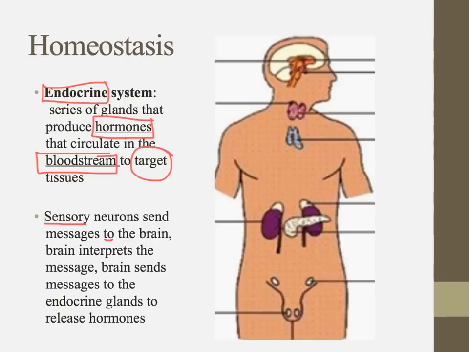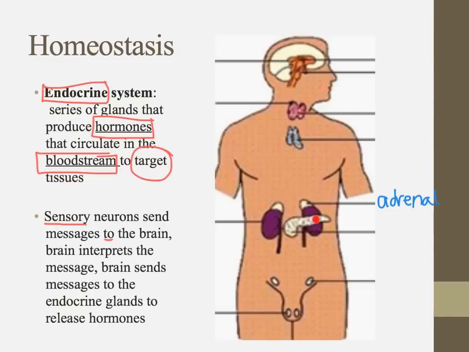All right, so let's take a look at some of these endocrine glands in your body and go ahead and label them. Let's start with probably the easiest one. I'm going to look at these two glands, these white glands sitting on top of the kidneys. These are our adrenal glands. They produce adrenaline or epinephrine.